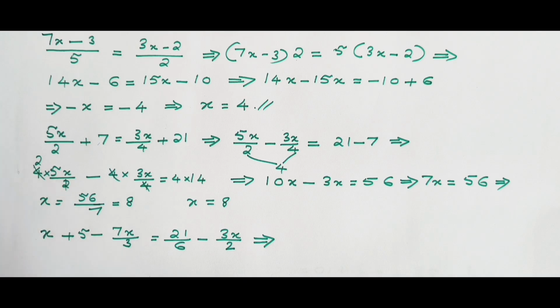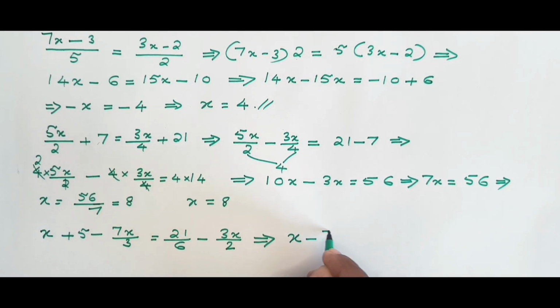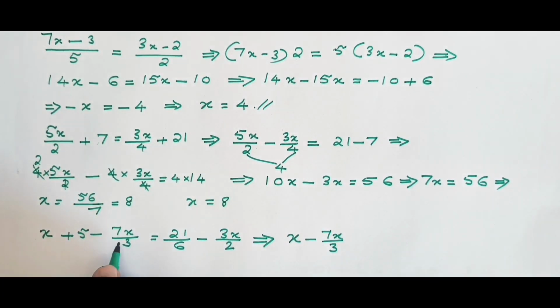In such cases, the best method is to collect variables on one side. x is a variable, then minus 7x divided by 3 is another variable part. We are keeping these two on the left, and then there is a minus 3x divided by 2 on the right side. You transfer that to the left side, and minus becomes plus.